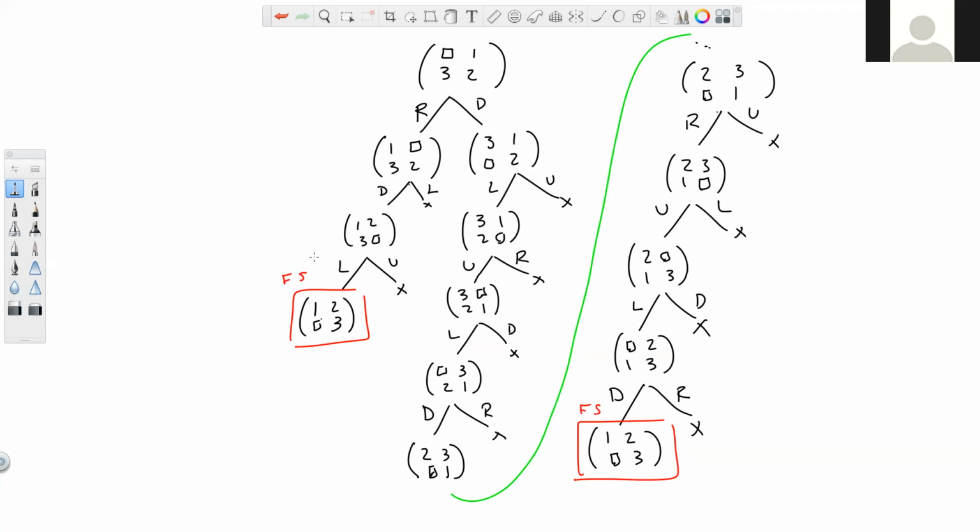What happens is, here's the search tree, and I do have this path here, right? Which is a path I'm interested in because it takes me from the initial state, which is this guy, to a final state. Now, I do have another path, right?